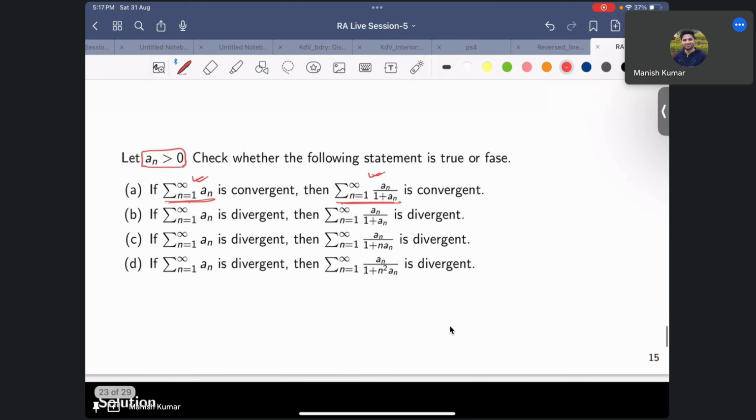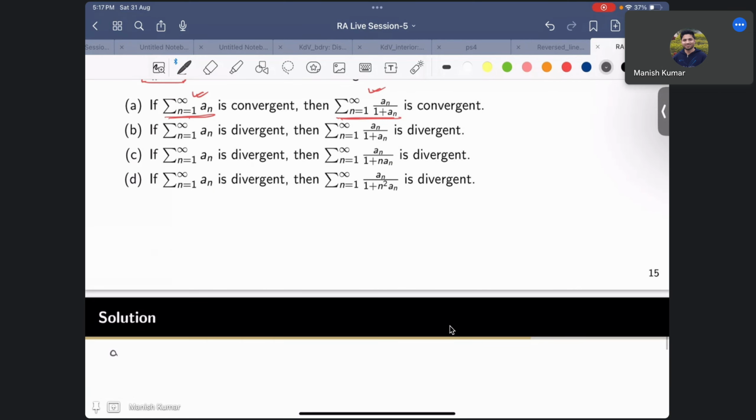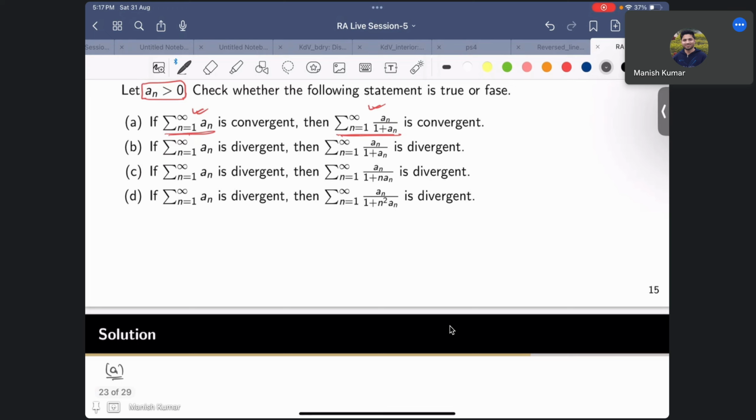Any idea? Just look at the terms. Use the fact that a_n is positive.